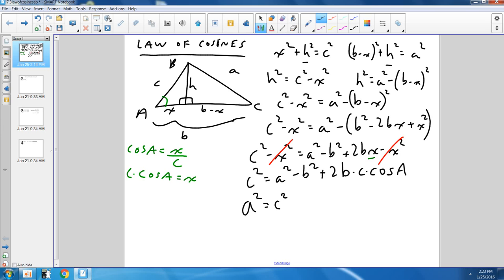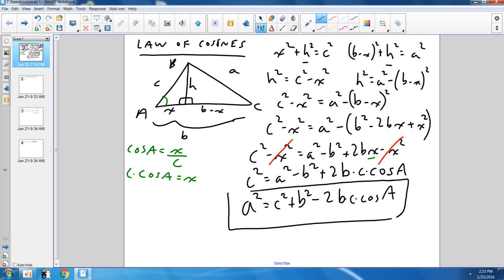And then I'm going to add b squared to both sides, plus b squared. And then I'm going to subtract this big term from both sides. And so it's going to be minus 2bc cosine A. And this right here is how we just developed the law of cosines.